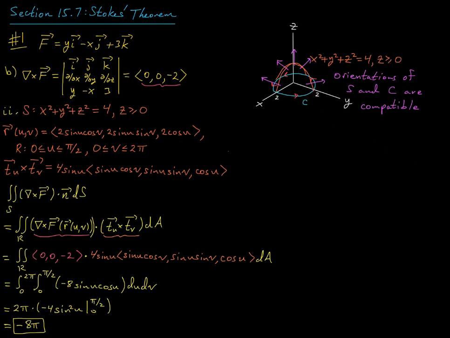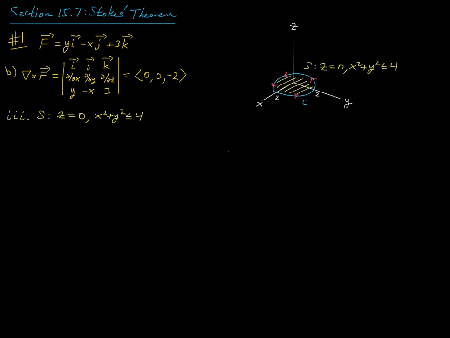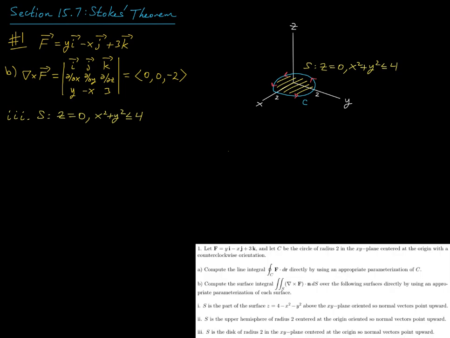All right, very nice. And then for the very last part, I'll bring up the statement again. S is the disk of radius 2 in the xy plane centered at the origin, so normal vectors point upward. Okay, so now we just have this flat surface, right?